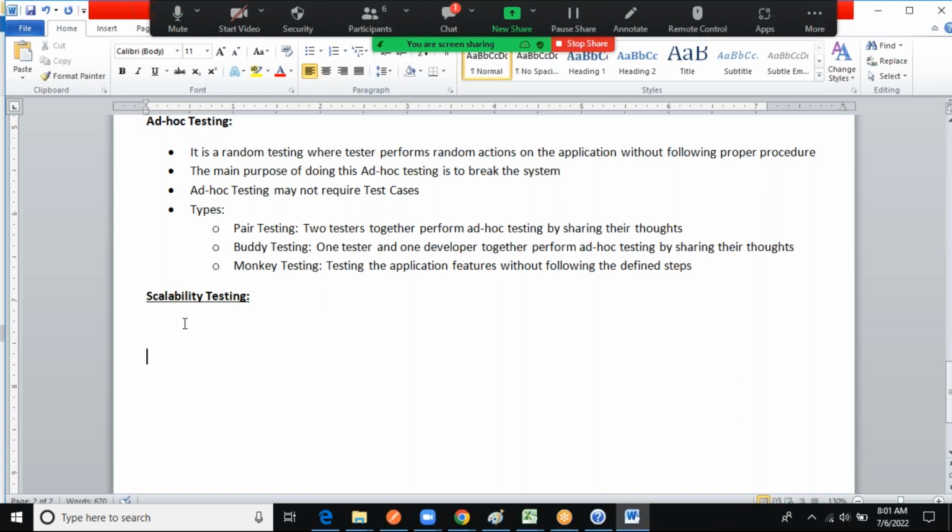That validation of the functionalities will be done as part of regression testing. But scalability testing is to check whether the system can be upgraded to the latest technologies, or whether the resources, database component or any resources can be upgraded to higher versions, whether it's supported or not, to meet the growing needs. They need to upgrade, right? Understood this one?